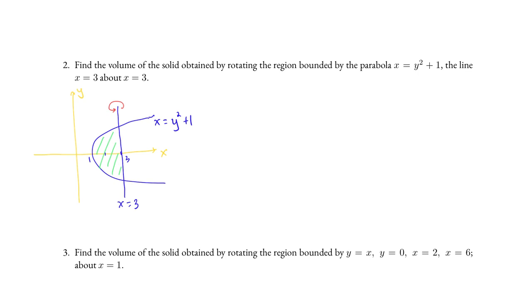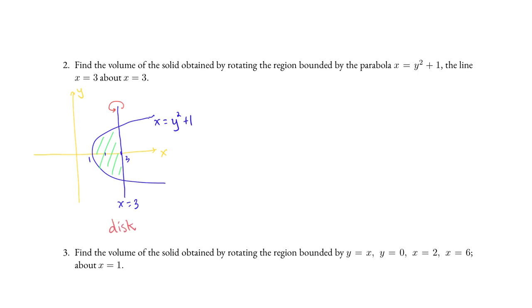Note that the axis of rotation is on the straight boundary. So when we rotate the region about the line x equals 3, there is no hole in the middle. And if there's no hole in the middle, then we would use the disk method.